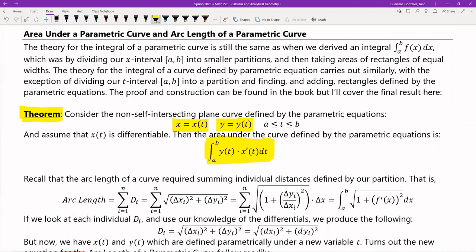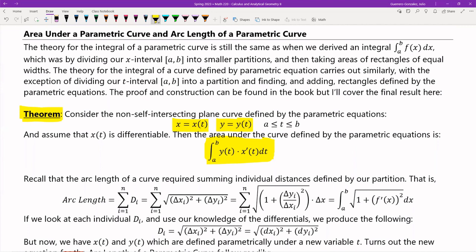If you remember when we needed to find the area under a curve before, when we had an f of x, we grabbed our x interval from a to b and divided it up into smaller little chunks. We found the areas of rectangles, added all those areas up, and that gave us an approximation to the area.